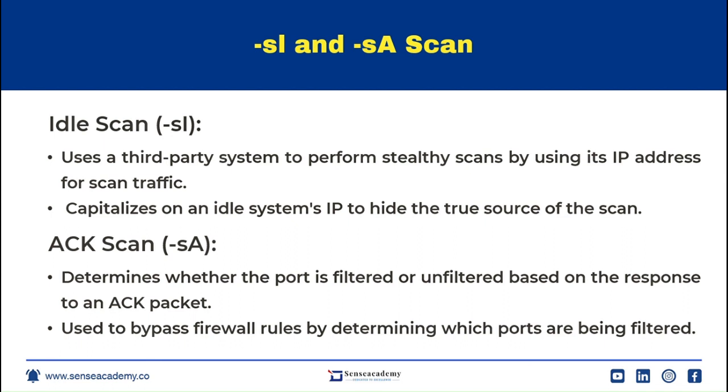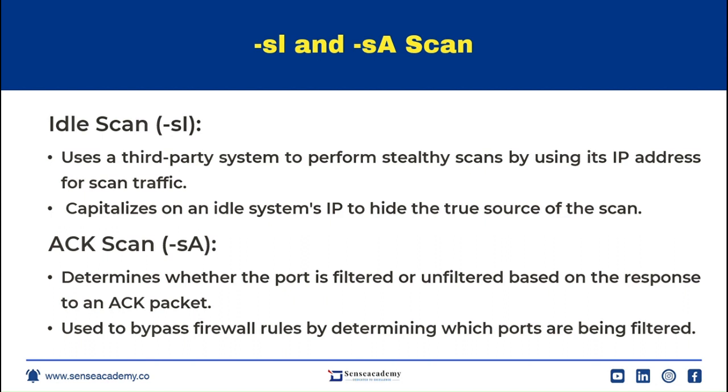Why? Because in the idle scan we are trying to hide our IP address. Suppose I am the attacker and I am trying to scan the network, that is scanme.nmap.org itself. When I scan, the network will see someone else's IP address, someone else trying to scan the traffic or the network on their premises.